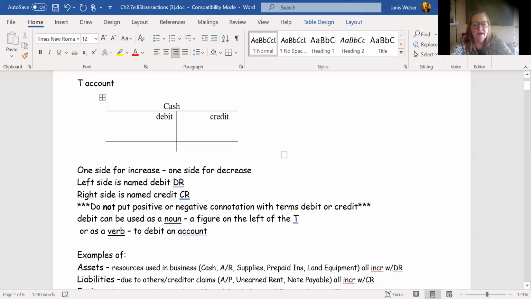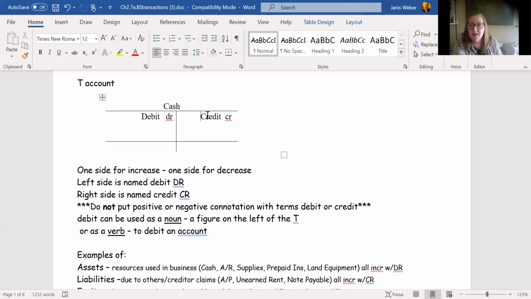Sometimes it could be abbreviated, DR for debit, CR for credit. Okay. All right. So the left side of the T account is always the debit side. Doesn't matter what account it is.